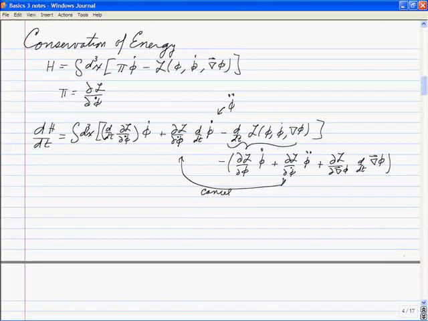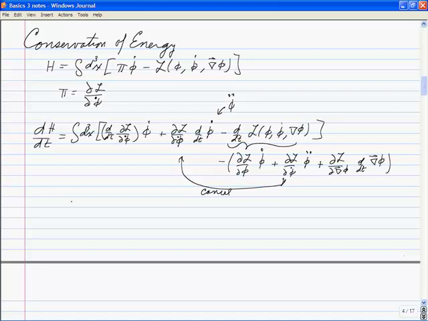Now, most often we throw away the surface term, and I'll do that in the end. But actually, I'm going to keep it here because that gives me something else also.